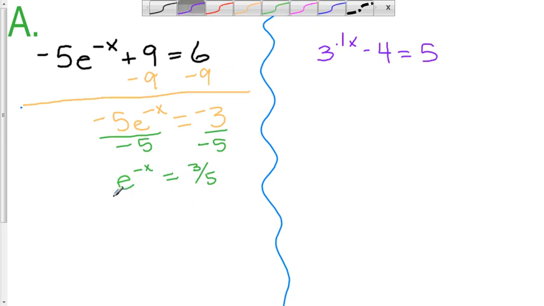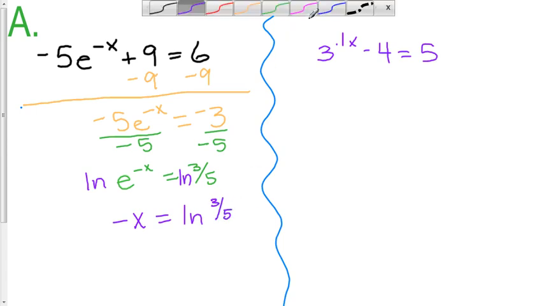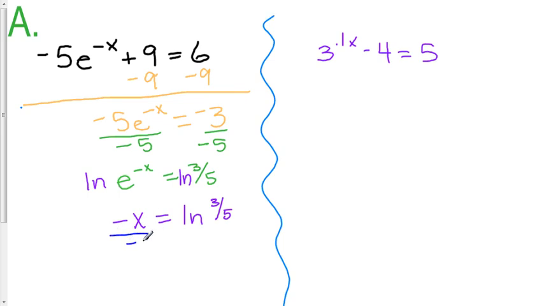Next, you need to get the x out of the exponent. Since the base is e, you will have to ln both sides, and then you will have negative x equals ln of 3/5. You can figure this out at this point if you want to, or you can just wait. The last thing would be to divide by negative 1.